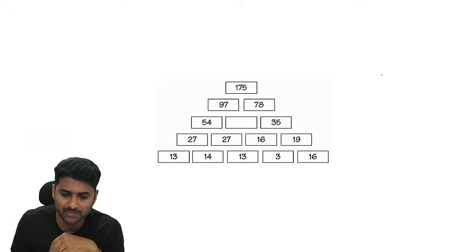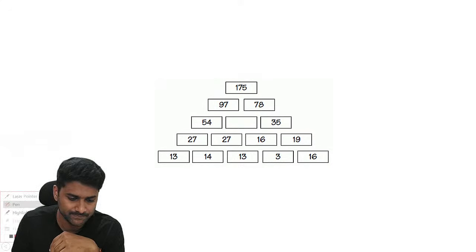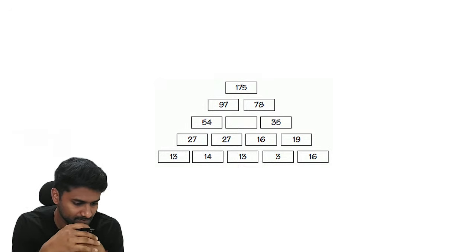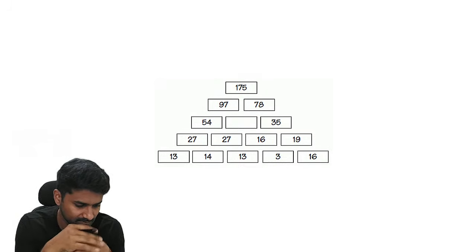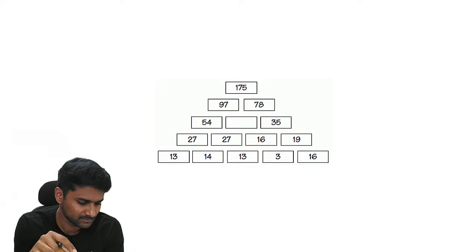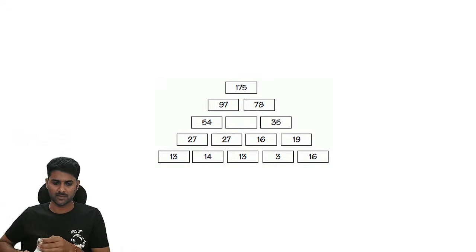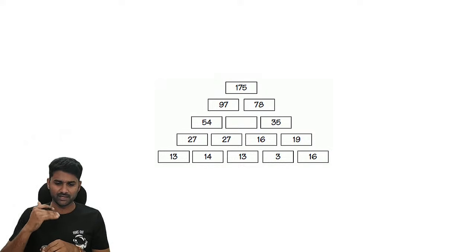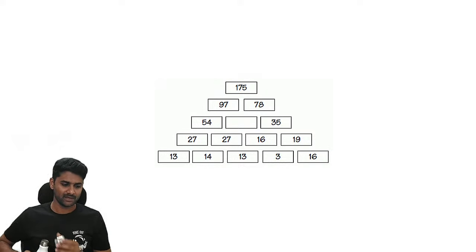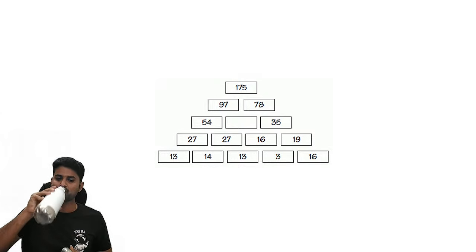Which number should replace this brick? See, initially it starts from 5, then 4, then 3, then 2, then it becomes 1. It's completely the way you understand that pyramid, how you will get the numbers.